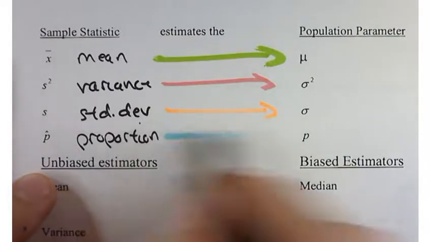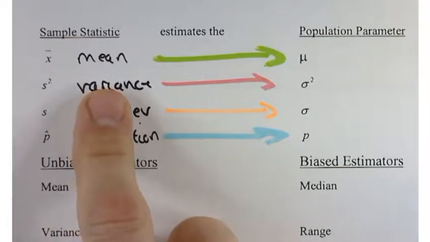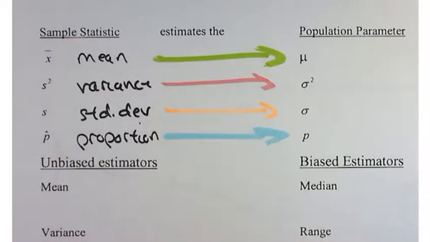And finally, that P hat is a good estimate of P, the population proportion. Now, they may not be perfect estimates, but we're hoping that they're good estimates. And we're going to try and see what we can do to improve the quality and kind of get a handle on the quality of these estimates.